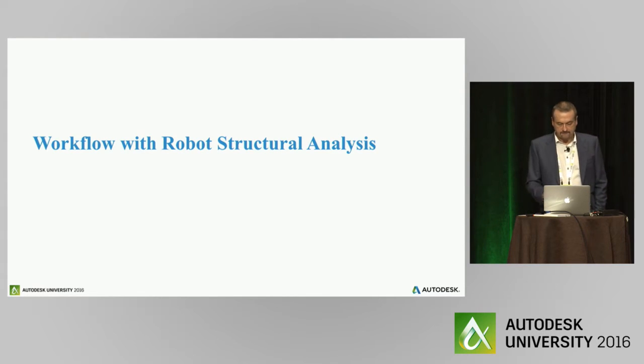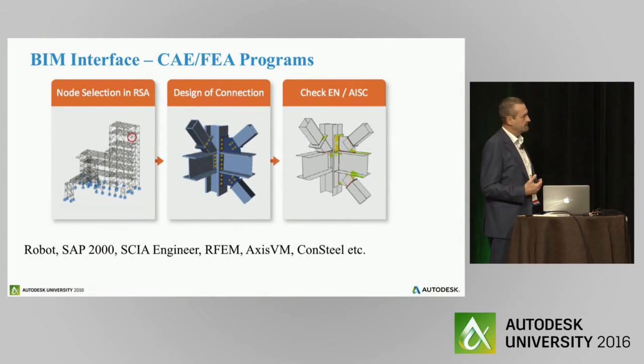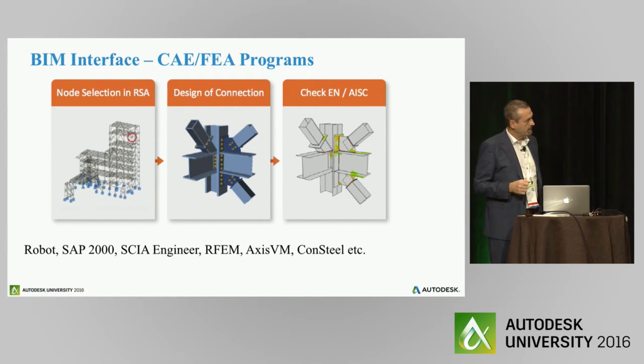At first with Robot. There is the possibility that you calculate the structure in Robot, then select the node, and from this node it is exported to our software, and we can make a check of the joint.